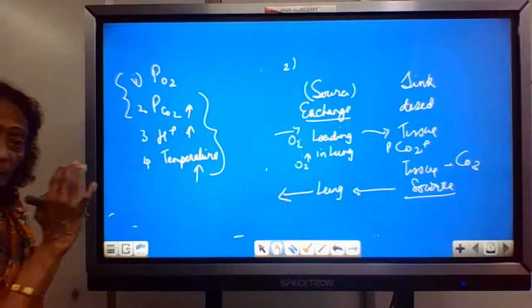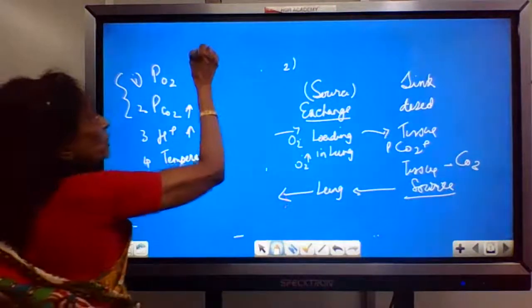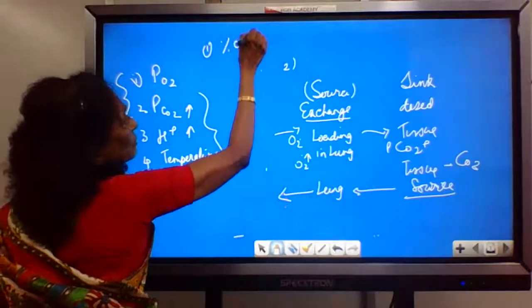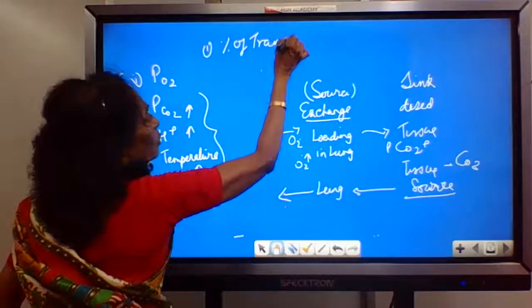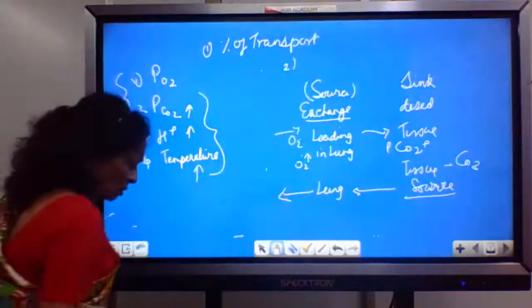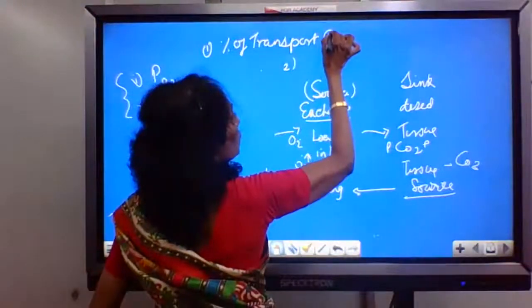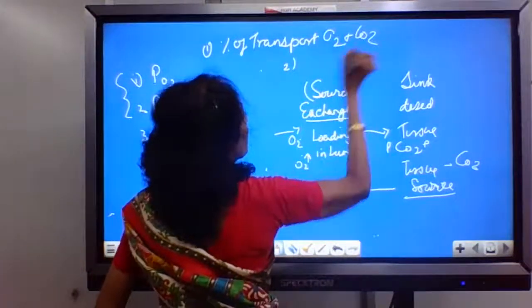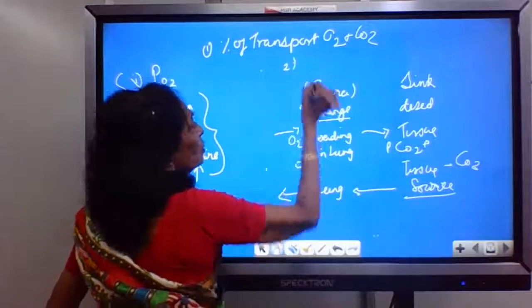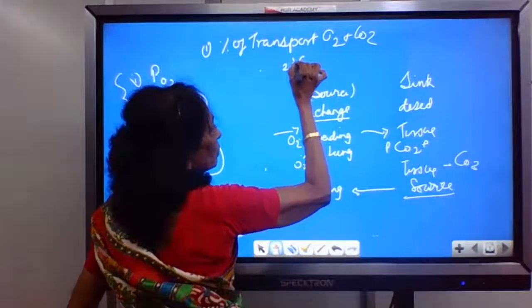One is the percentage of transport, both O2 and CO2. The second point we should know is source and sink, loading and unloading.